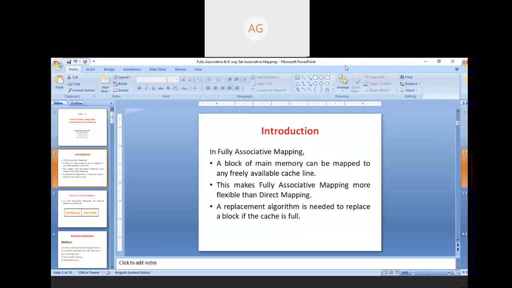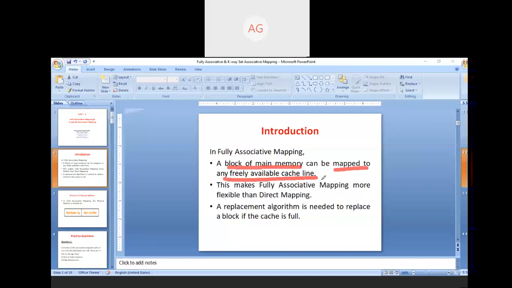So first we are discussing the fully associative mapping. So this is the introduction of fully associative mapping. So basically in fully associative mapping, a block of main memory can be mapped to any freely available cache memory.